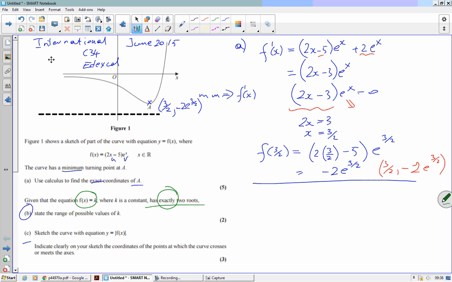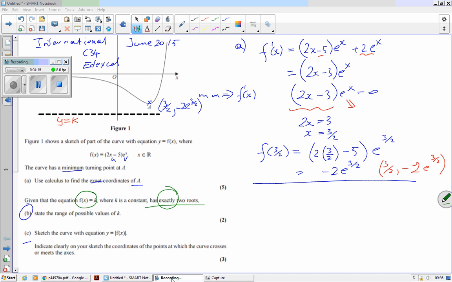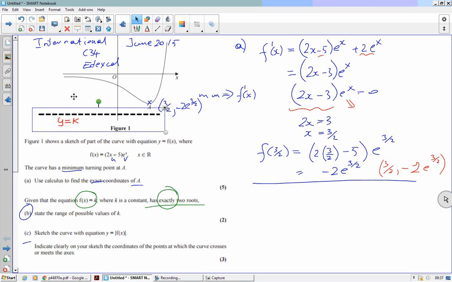Okay, so now, if we look at this, I've just put the line y equals k here. Looking at that line, you can see where I placed it at the moment, the value of k there. If k were below −2e^(3/2), there'd be no real roots.